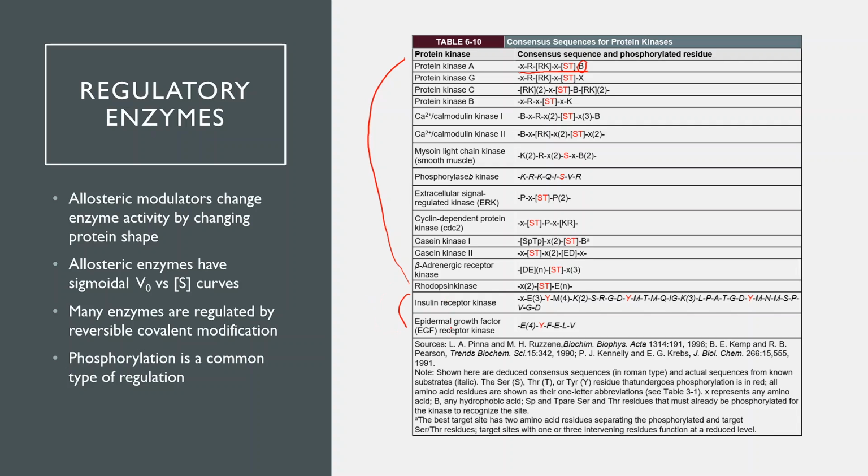So all of these, insulin receptor kinase, EGF receptor kinases, they specifically look for tyrosine residues within these consensus sequences. So each one, again, looks for a particular region. So they're not just phosphorylating any enzyme. They look for particular consensus sequences, and only those proteins that have that sequence get phosphorylated.